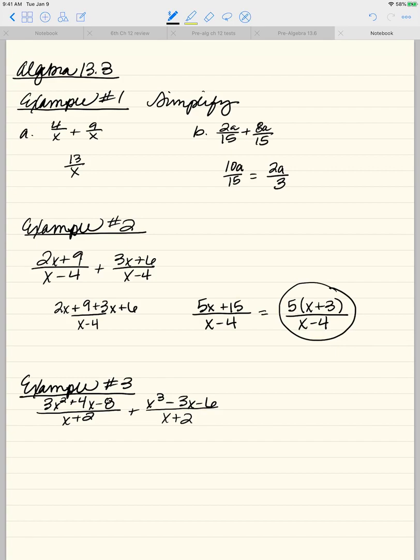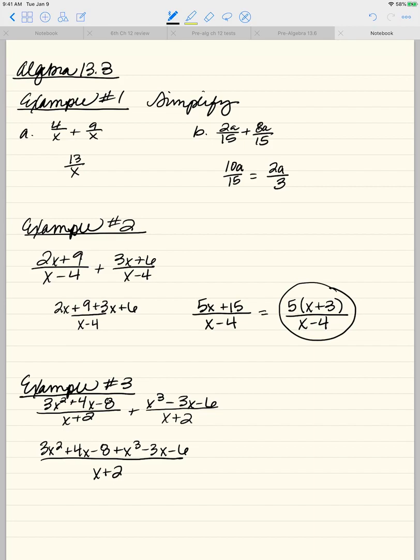We're going to add all our like terms, and then we're going to see what we can factor. So 3x squared plus 4x minus 8 plus x cubed minus 3x minus 6 all over x plus 2. I'm just writing that denominator in there so I don't forget to do it later. When you're just working on adding up your numerator, you don't necessarily have to, but I would hate for you to lose track of it.